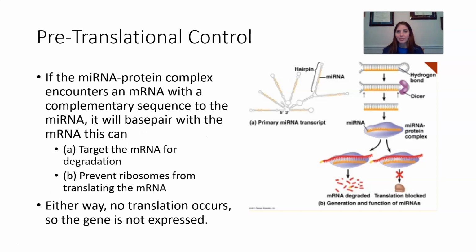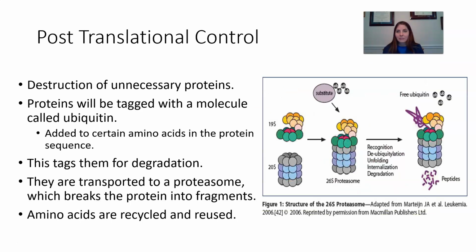If the microRNA protein complex encounters a messenger RNA with a complementary sequence to the miRNA, it will base pair with the messenger RNA, and this can target the messenger RNA for degradation, meaning it recognized that there was something wrong with it, so it's going to break it apart. This also prevents ribosomes from translating that messenger RNA strand into a fully functional protein. So either way, translation does not occur, so again, that gene is not expressed.